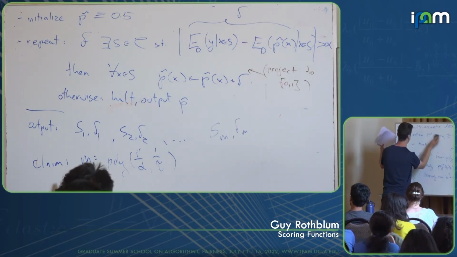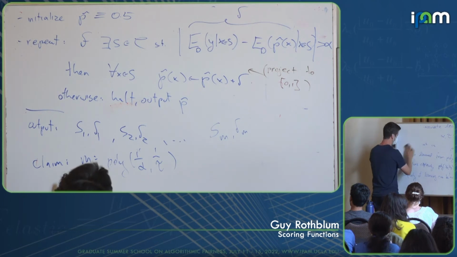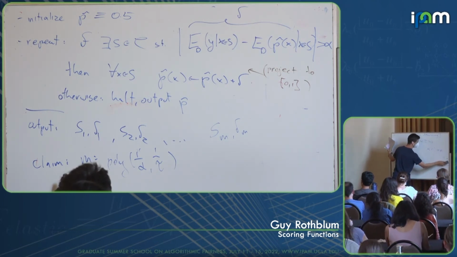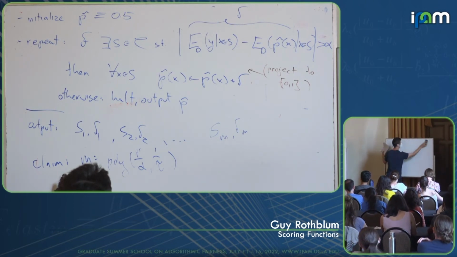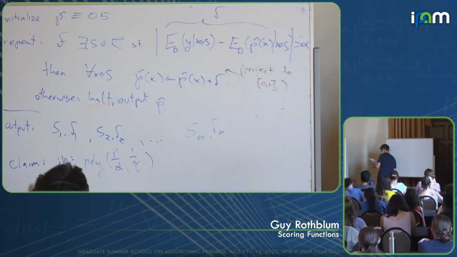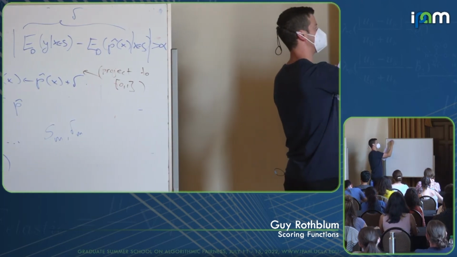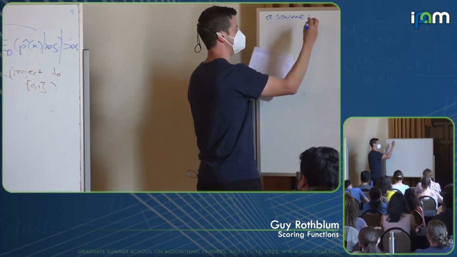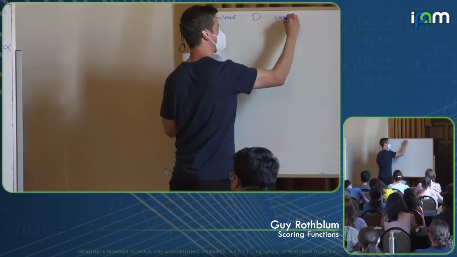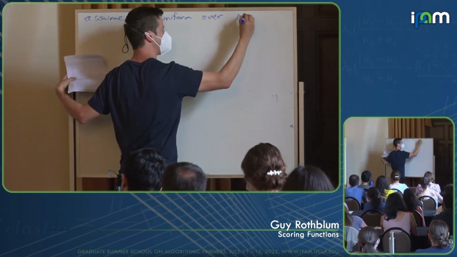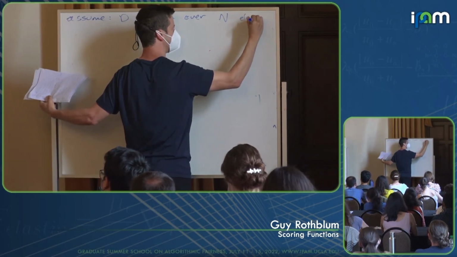So, let's do that. I want to make a simplifying assumption, just to make our lives a little bit easier, that the distribution D is uniform over some subset of, say, capital N elements.